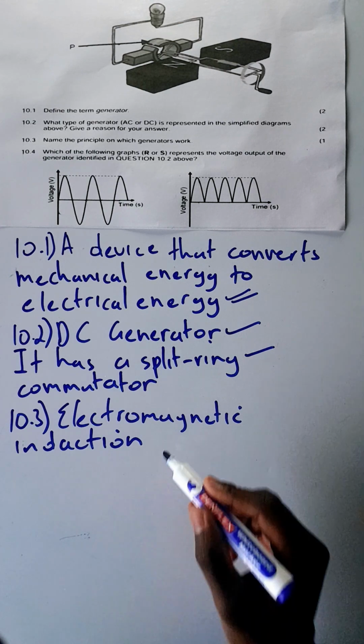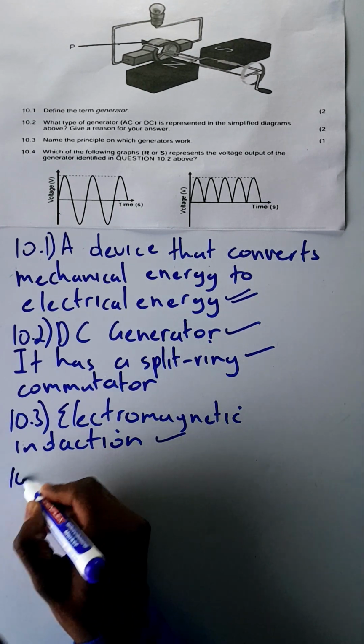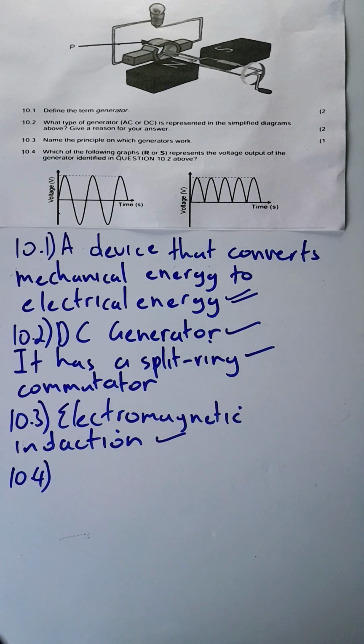Okay, 1 for that. And then 10.4 says, which one of the following graphs represents the voltage output of the generator identified in question 10.2. So which graph represents the output voltage for a DC generator? Remember, for direct current we're looking for a graph showing voltage being produced in only one direction.